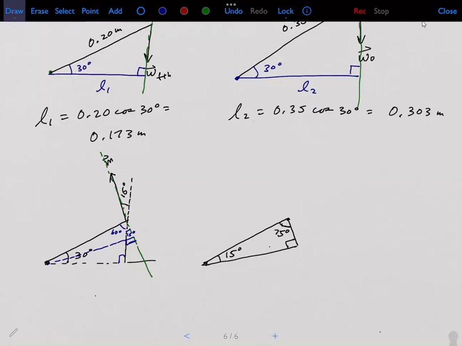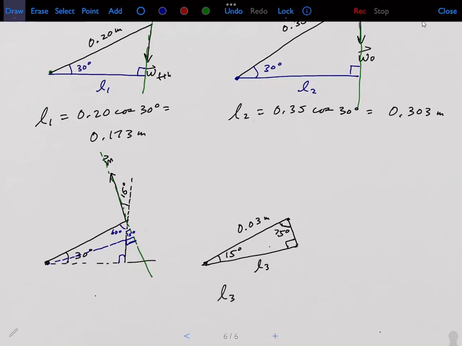Now that I know that is 75, I know that the muscle attaches a distance of 0.03 meters away. So this length right here is 0.03 meters, and that's going to be the hypotenuse. We're looking for the moment arm, this length right here, I'll call L3. I could use cosine again, with the 15 degrees.